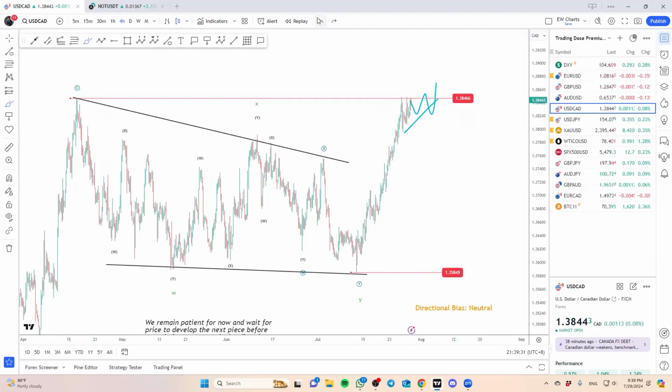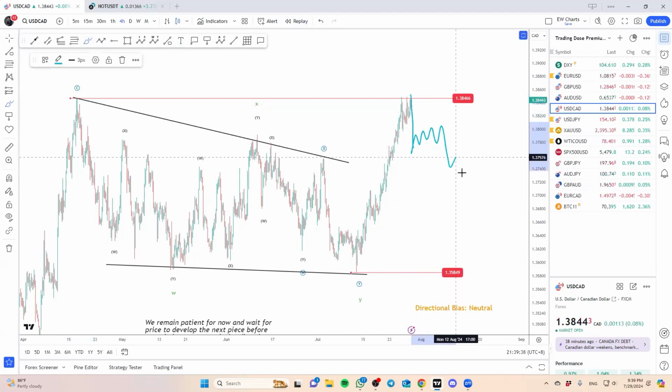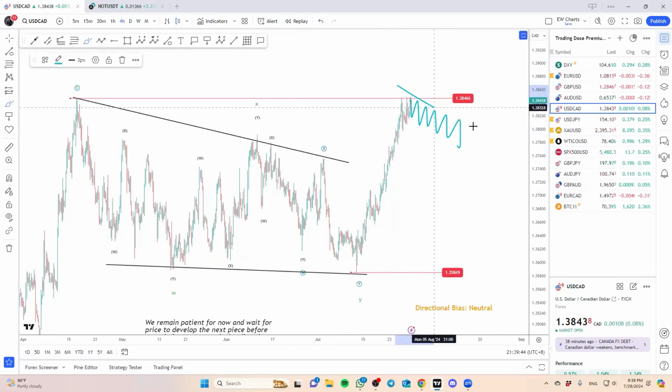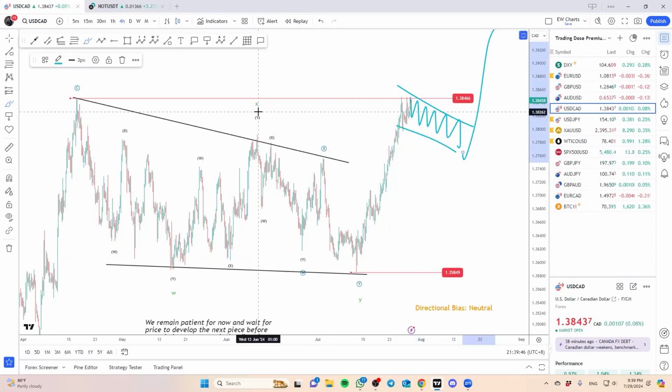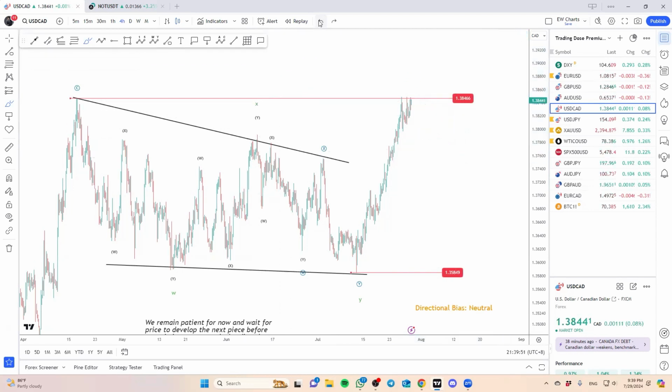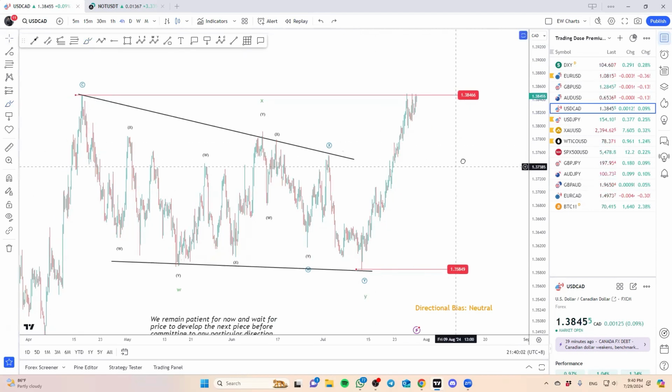If the market decides to just come down impulsively from here, then I'll wait for a pullback and then sell this as well. If the market starts to pull back from here correctively, then I'll be more inclined to look for upside. So it really depends on what's next, what the market is going to be developing around the zone. Again, as I mentioned, either of those things are likely going to happen. You just need to wait and observe how the market is going to develop from here on.